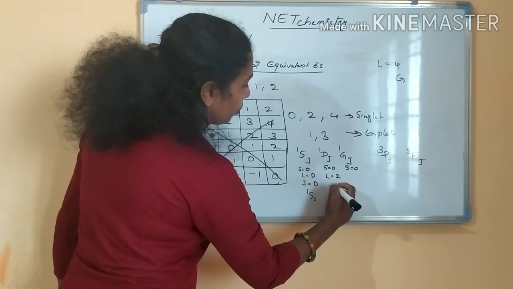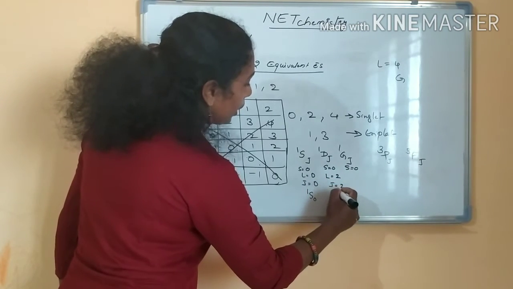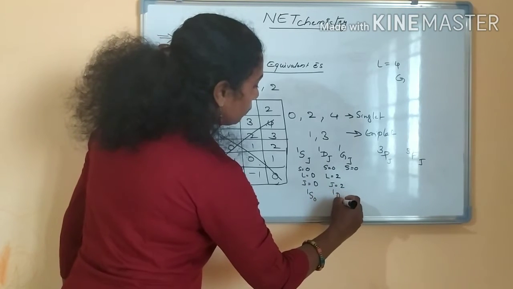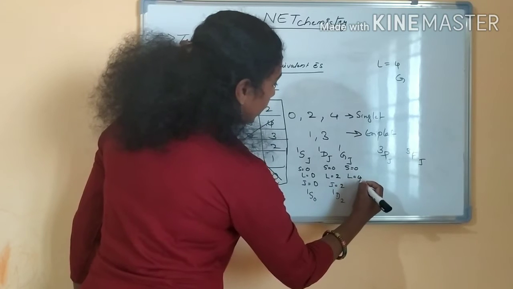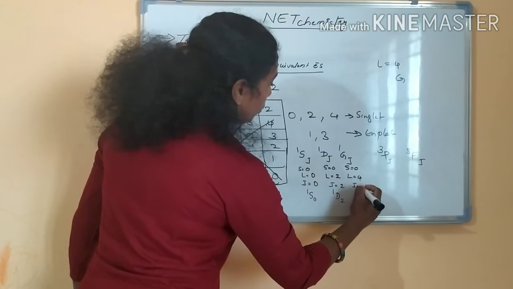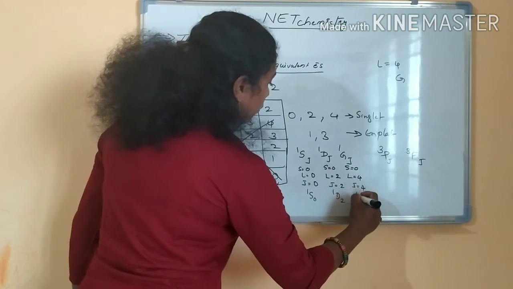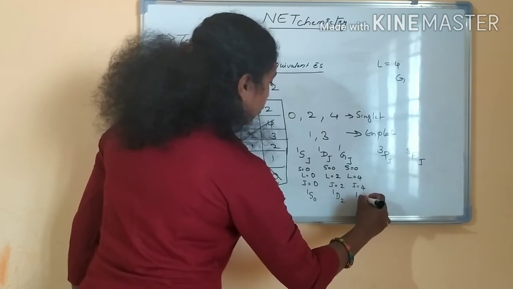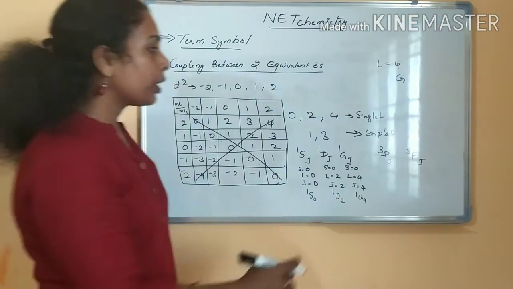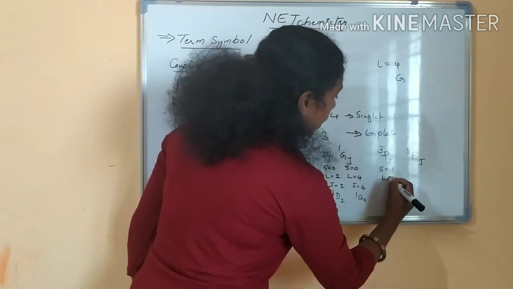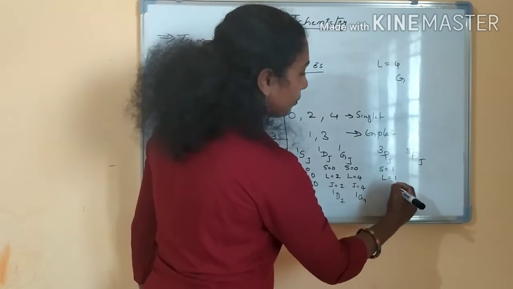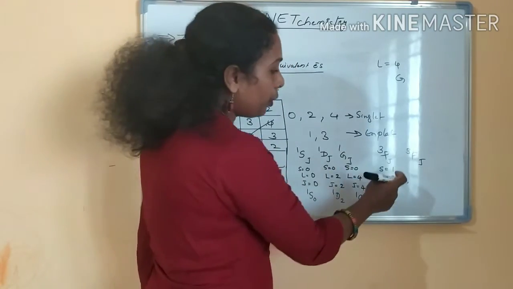L value is equal to 2, so J value will be 2: 1D2. And for G, L value is equal to 4 and J value is equal to 4: 1G4. Then for the triplet state, S equal to 1 and L for P is equal to 1.